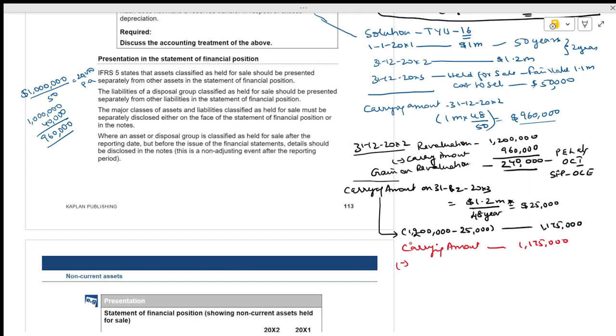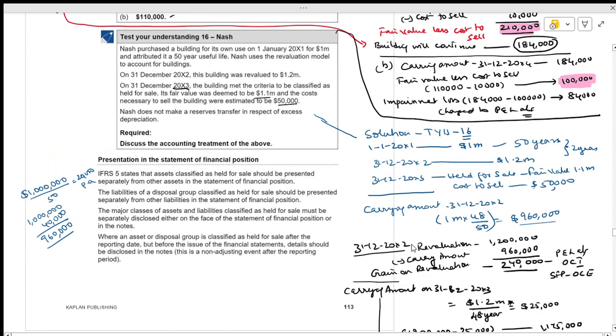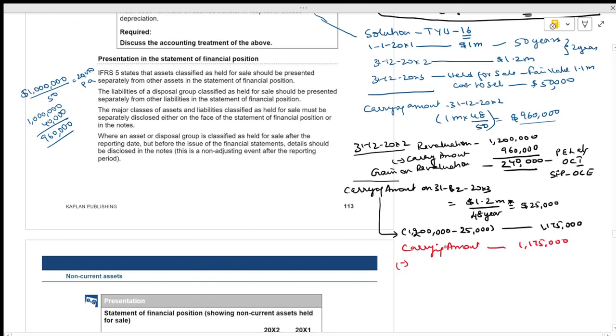They have calculated the fair value. Fair value is how much? Fair value is 1.1. Cost to sell is 50,000. Means how much will it come?